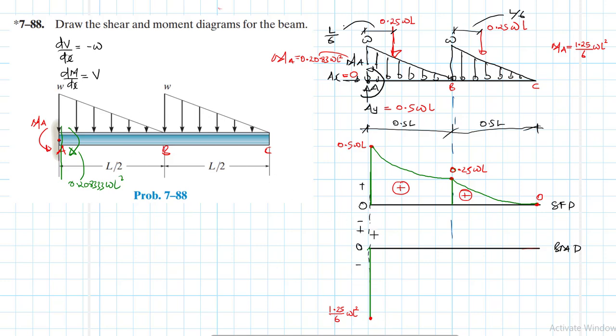So with this in mind, from A to B, we have a triangular distributed load, which is negative, and it's decreasing. And we saw that from this we're able to find the slope of our shear as negative. The slope of our shear was negative and it was decreasing.